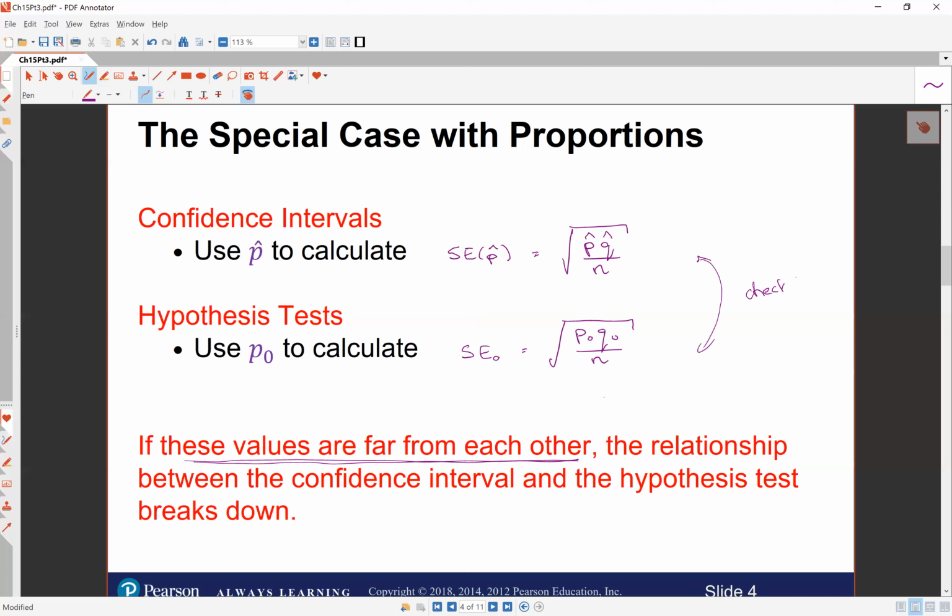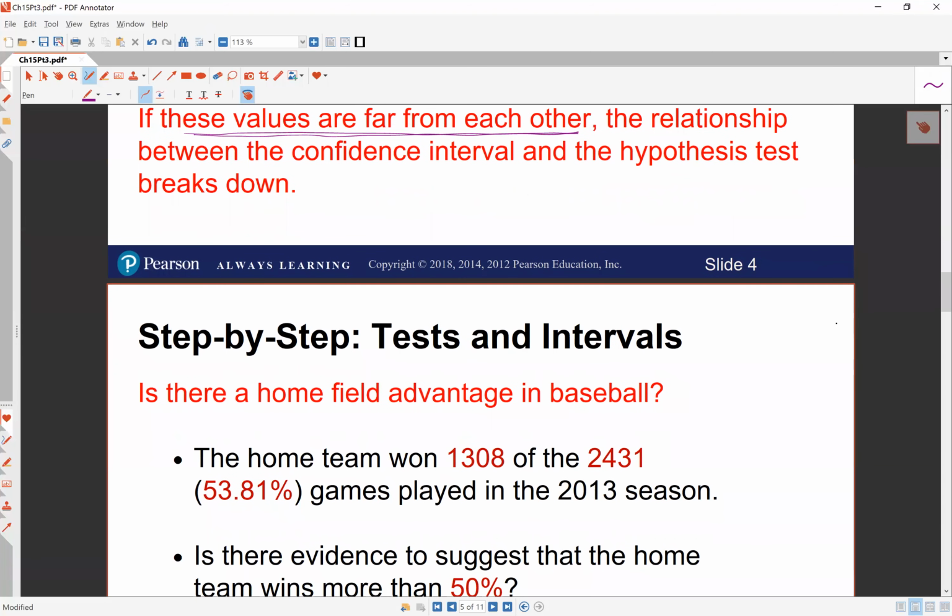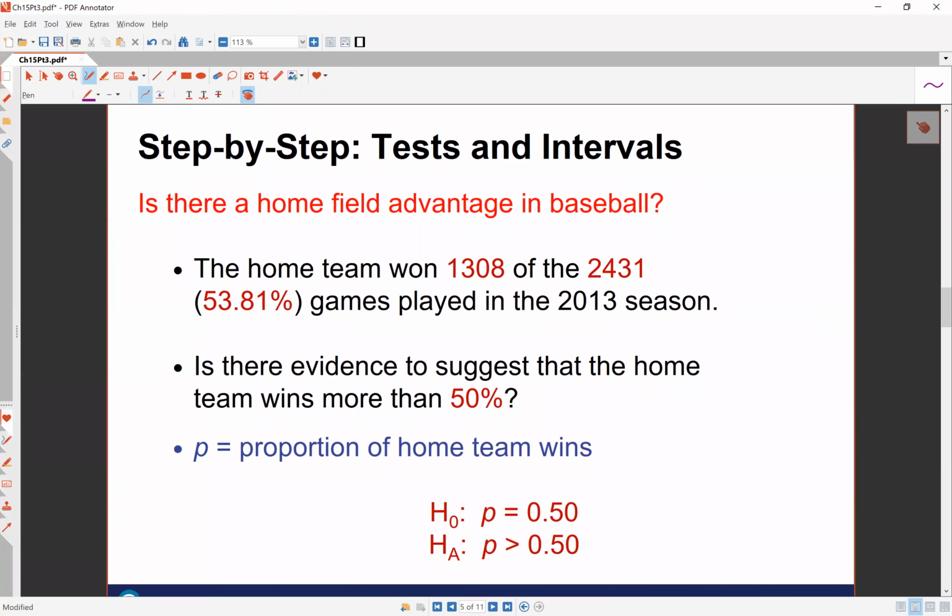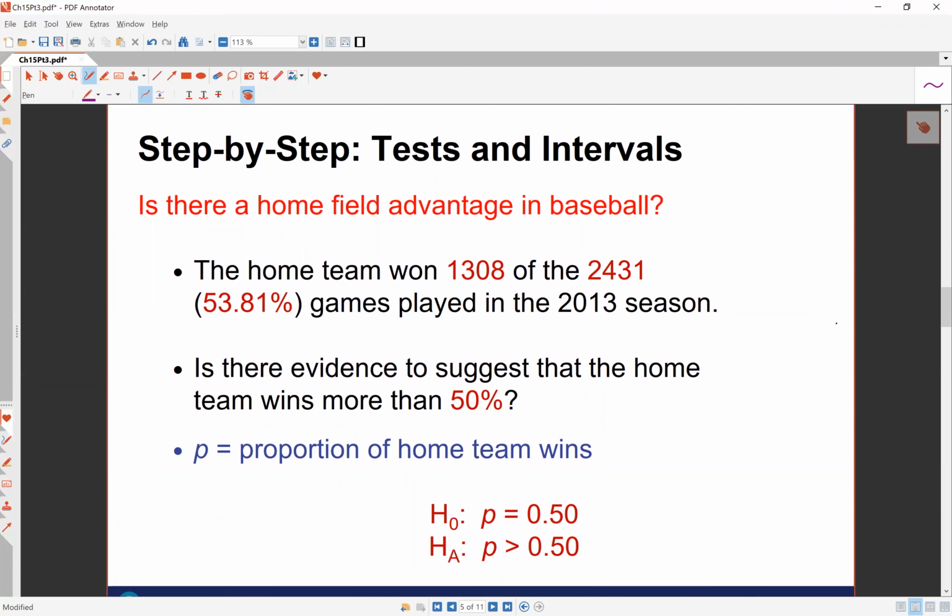How close are the two standard error values to one another? And in fact, we're going to do an example specifically looking at a proportion and do it using both a hypothesis testing way and a confidence interval way.